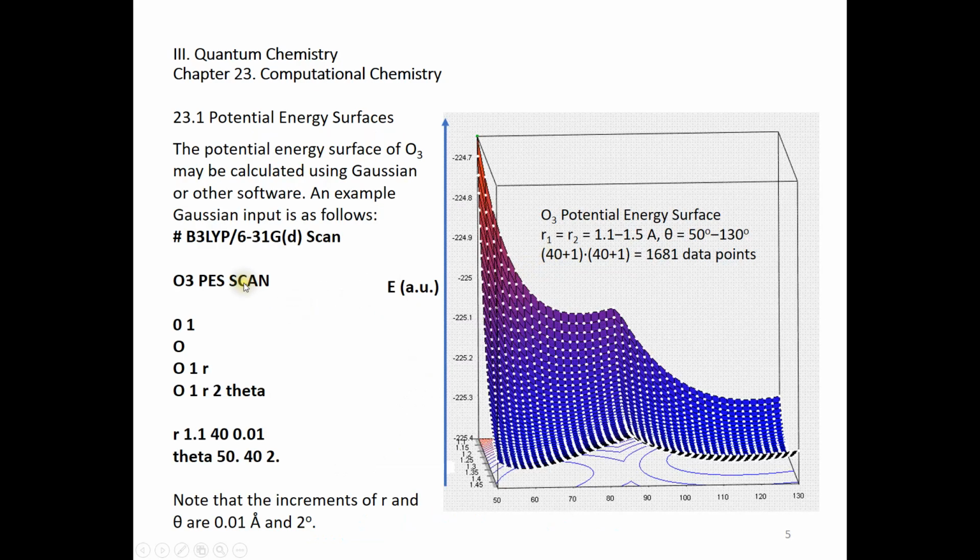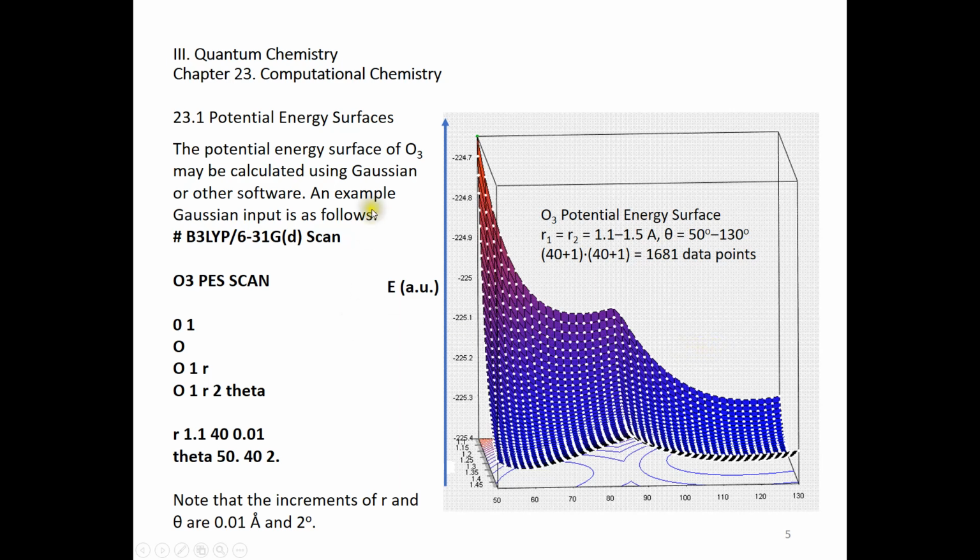Now let's look at another potential energy surface of a triatomic molecule. This time we're looking at ozone. Again, we're going to have to assume the two O bonds have the same length so that we can make a three-dimensional plot. Otherwise, we are looking at a four-dimensional plot.